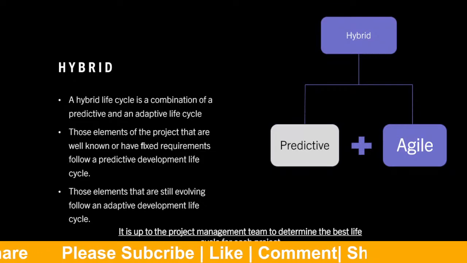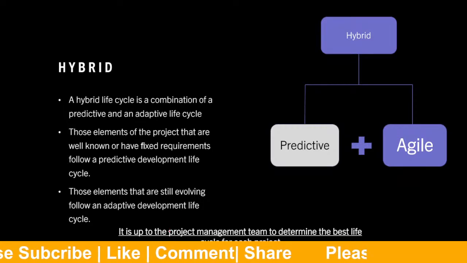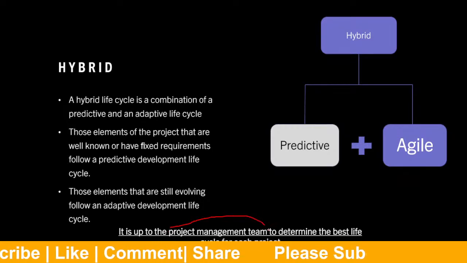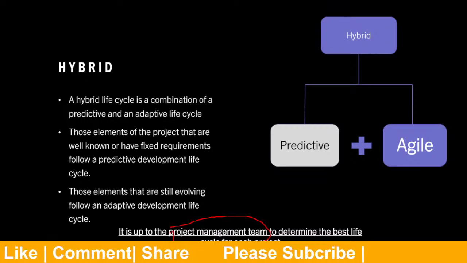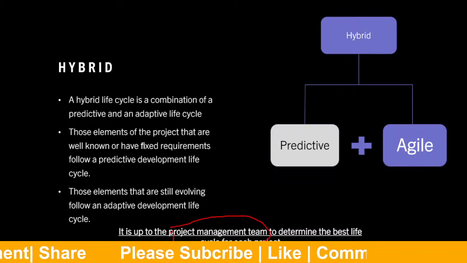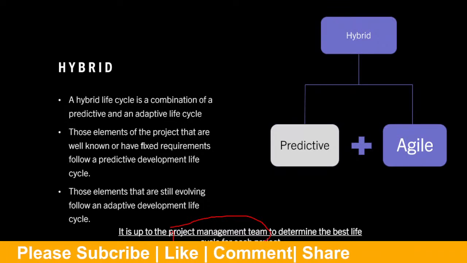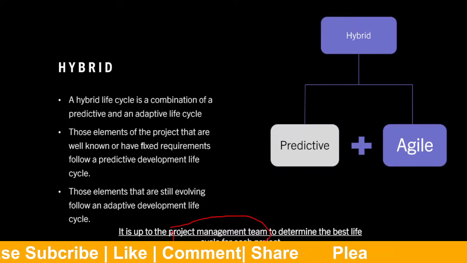And please take note, it is not up to the project manager, it is up to the project management team. The team will decide the best life cycle for the project they are going to embark on.